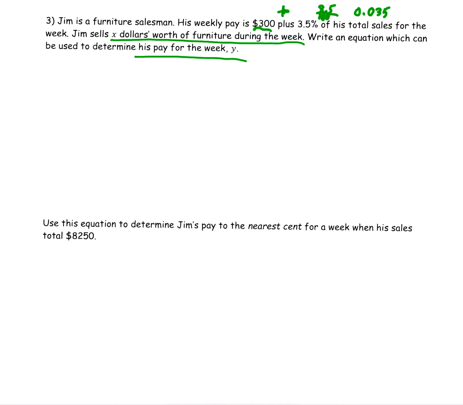I'm going to say let x equal exactly what's telling us, dollars worth of furniture sold during the week.